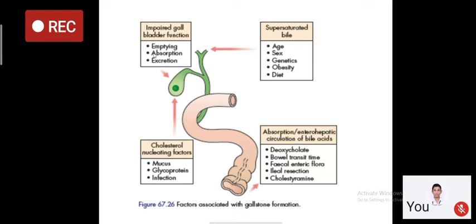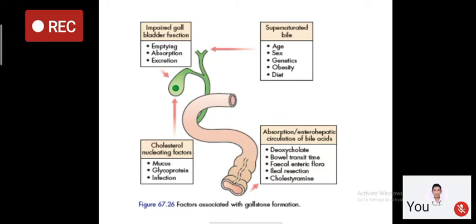The second condition is when there is impaired gallbladder function. When will your gallbladder function be deranged? If emptying is not proper, for example when the patient has prolonged fasting. So prolonged fasting is a risk factor for gallstone formation.